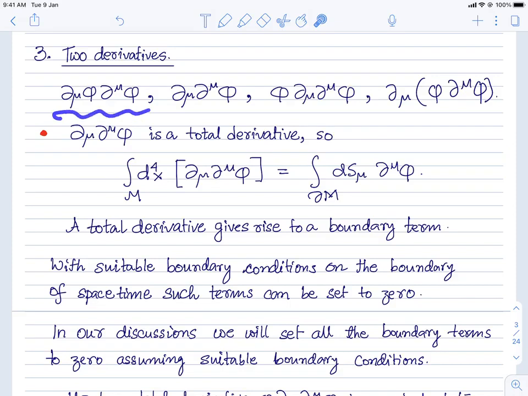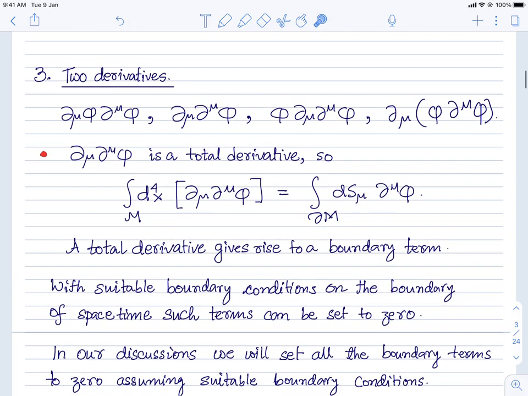So basically, this is the only term that is there, and everything else that I can think of is essentially equivalent to this term up to boundary terms. So this is the term that is allowed by relativistic invariance. You see how powerful it is at the two derivative level.